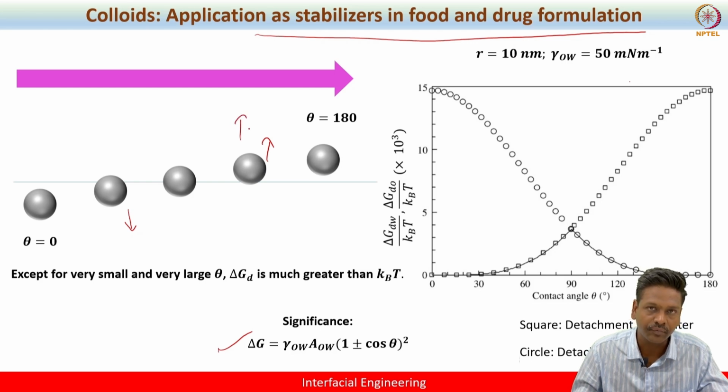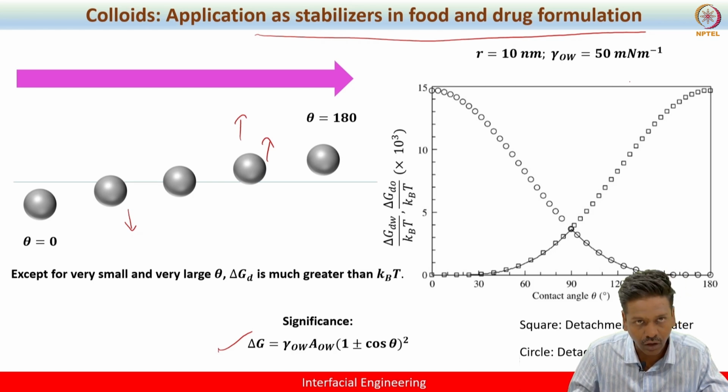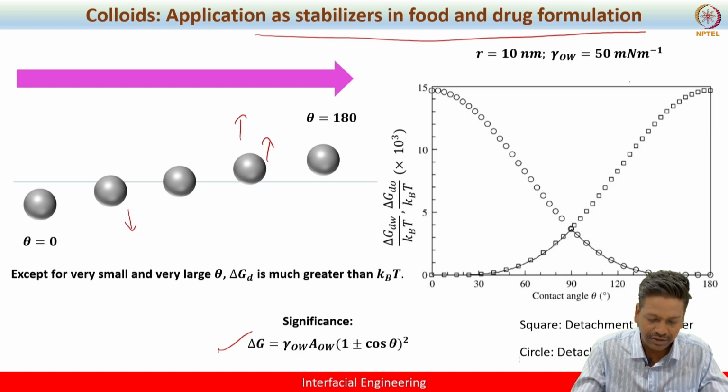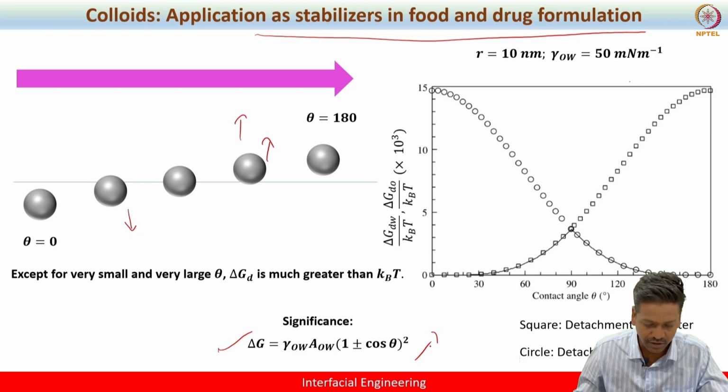So depending on the degree of immersion into the respective fluid, whether it will completely detach into oil or water, one can say using what is known as theta. But there is something called delta G detachment.